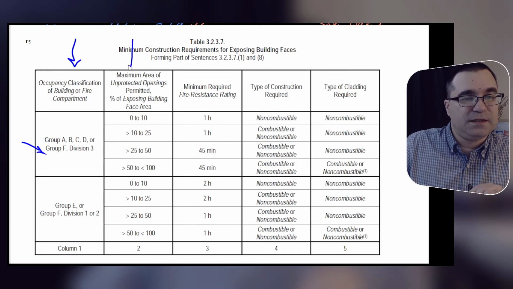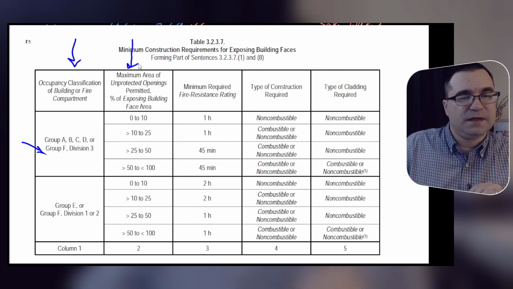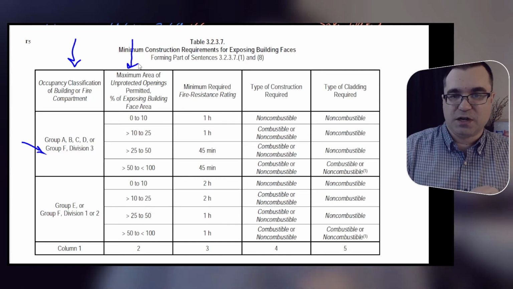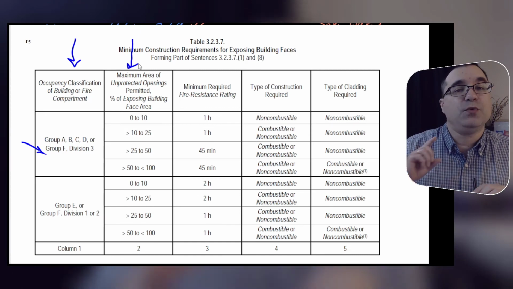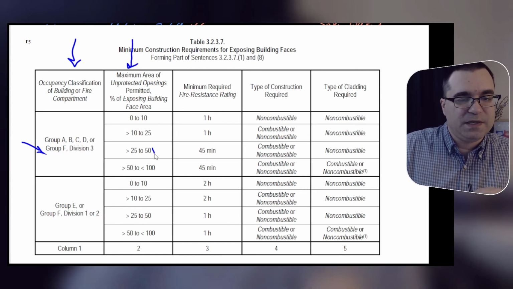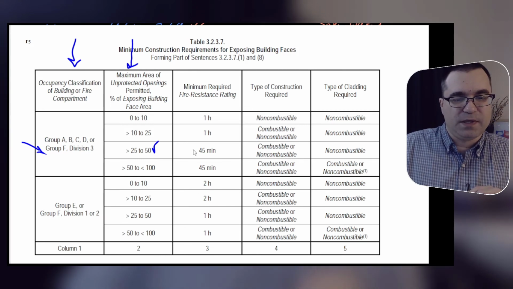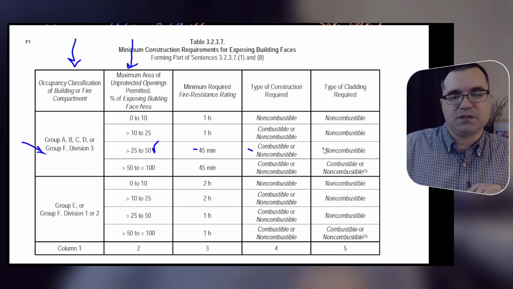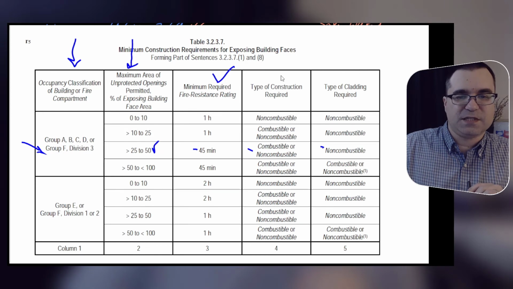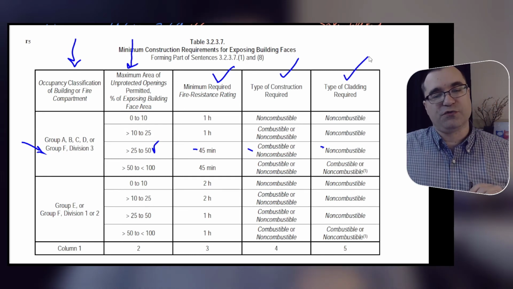Then we look at this column here. That's where the percentage of unprotected area comes in. We had 29%. That means we have to look at this row now. Finally, what we get are this value, and this value, respectively, for the minimum fire resistance rating, the type of construction required for the structure, and the type of construction required for the cladding.